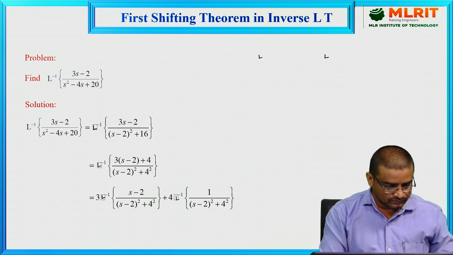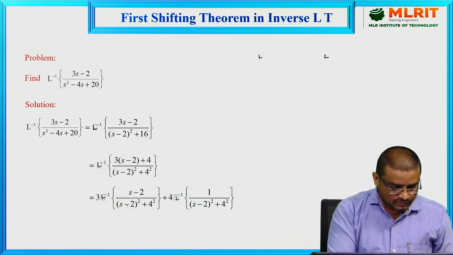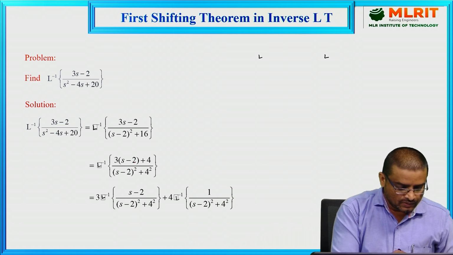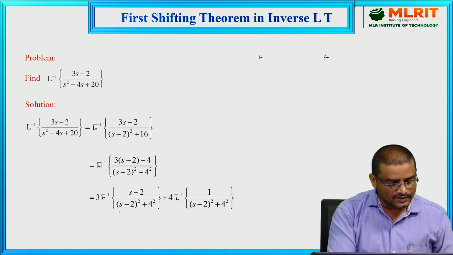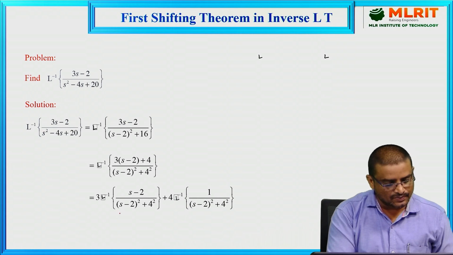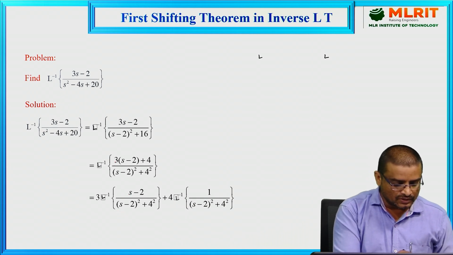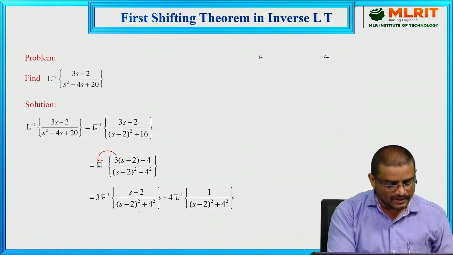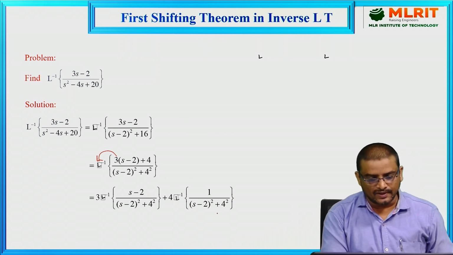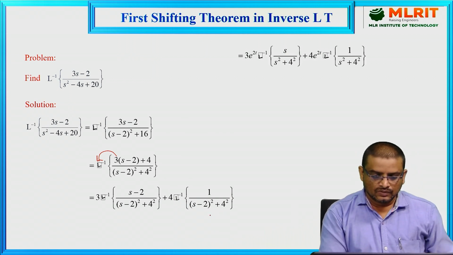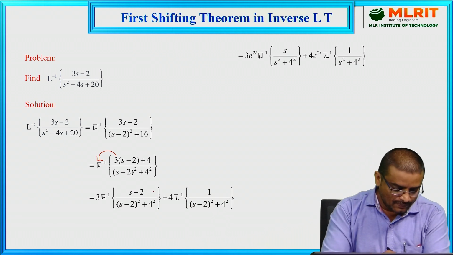Now this is of the form (a plus b) by c. So separately you apply a by c plus b by c. You take 3 common here. So 3 into L inverse of first term by denominator plus 4 into L inverse of second term by denominator. Here apply the first shifting theorem.